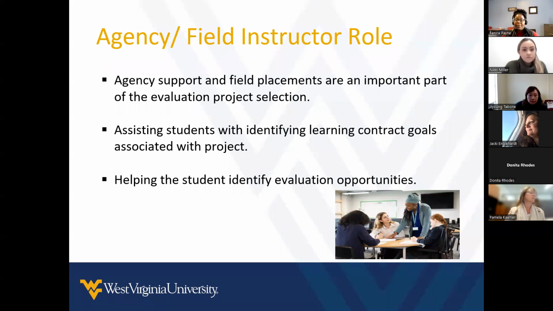The role includes assisting students with identifying learning contract goals associated with their project. This is something most folks have already done and identified prior to the spring of 2023 semester, and helping students identify evaluation opportunities. So the agency and field instructor's role is to collaborate with the student to help them be successful in the project evaluation process.